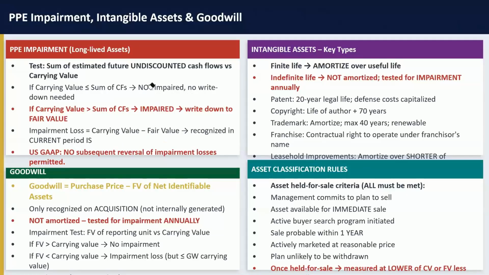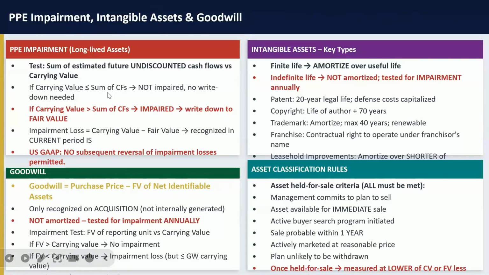Now the test. How are you going to test it for impairment? Sum of the estimated future undiscounted cash flows versus the carrying value. Suppose carrying value is lesser than or equal to the sum of cash flows, your asset is not impaired.